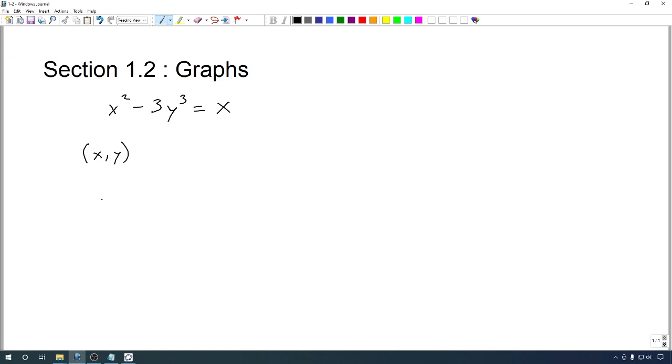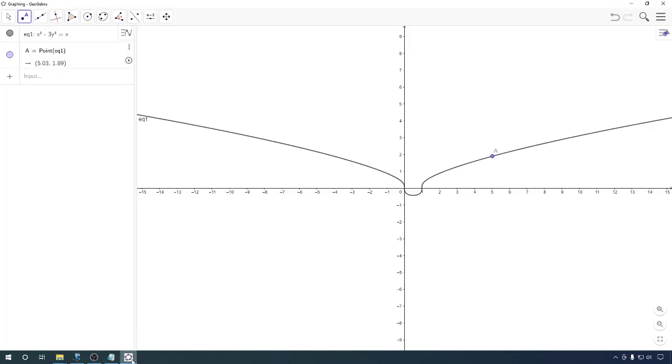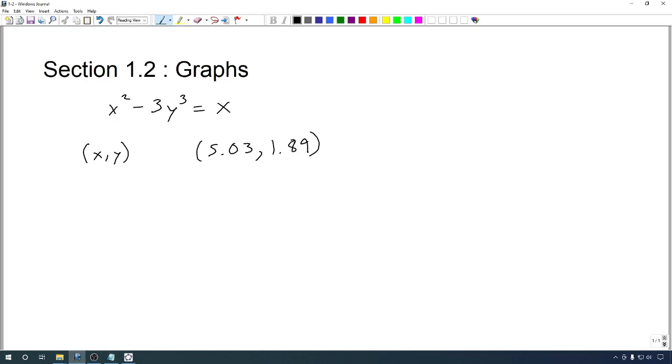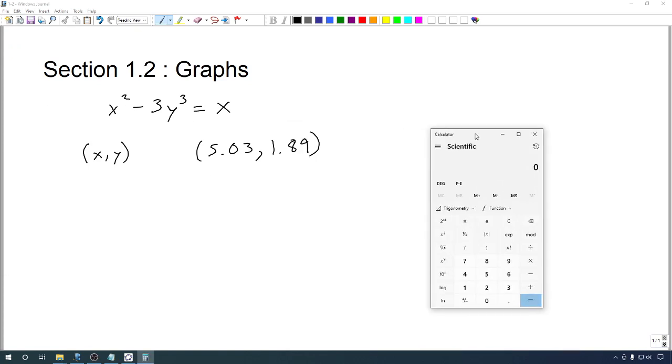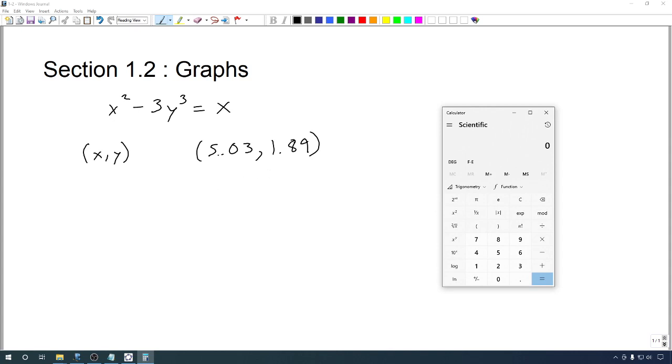We'll go ahead and look at that. So I think it's 8.9, right? Yeah. If we go ahead and plug those into a calculator, we're plugging those into our equation here. We want to see if we plug 5.03 in for this x and 1.89 in for this y, will we get the x value, 5.03, out on this side?